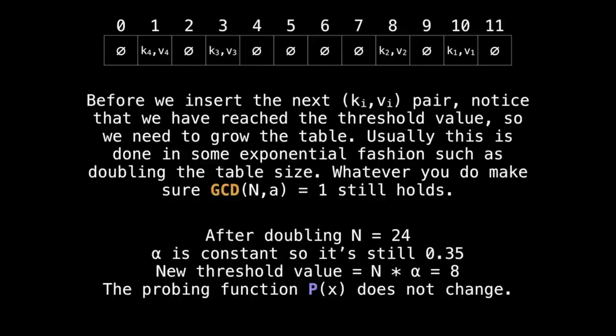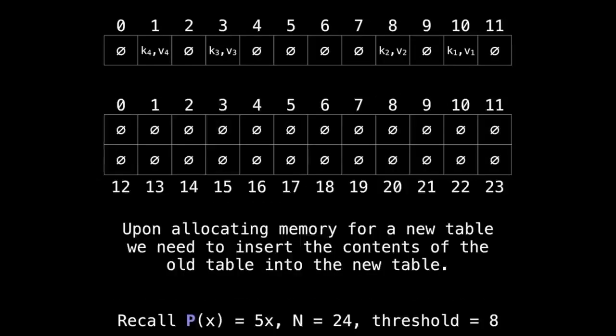Alpha is a constant, so it's still 0.35. So our new threshold is just going to be 8, and we don't change the probing function. Alright, so let's allocate a new chunk of memory for this new table. And now we need to place all the old elements in our old table into this new table using the new table size for n.